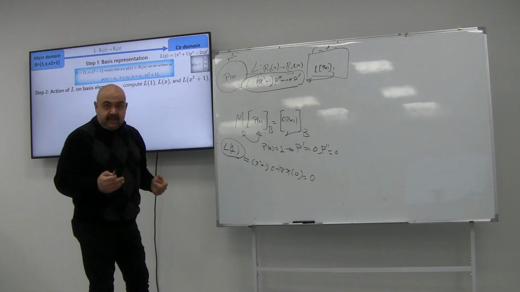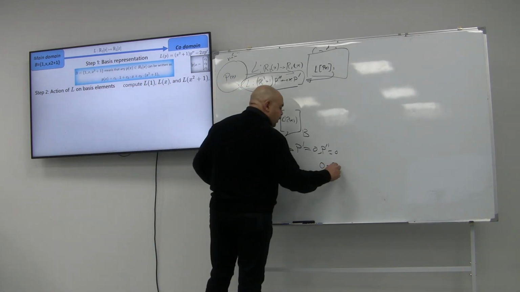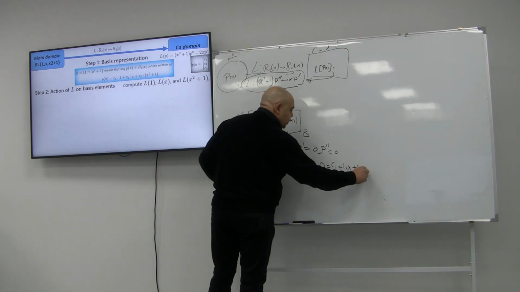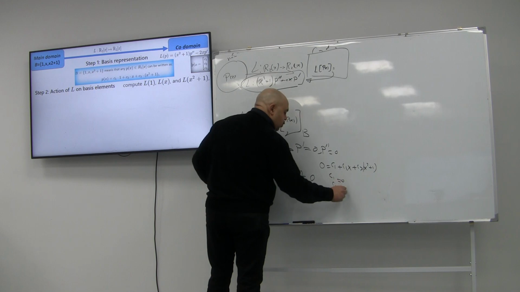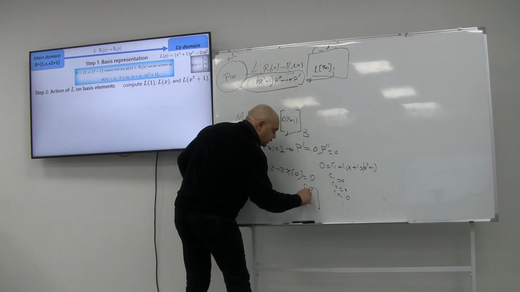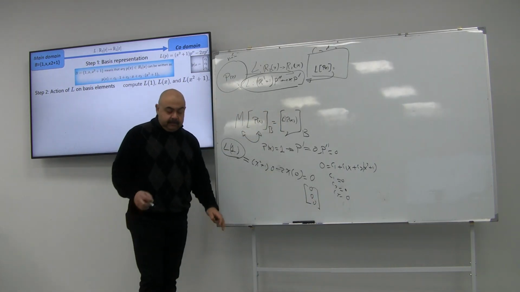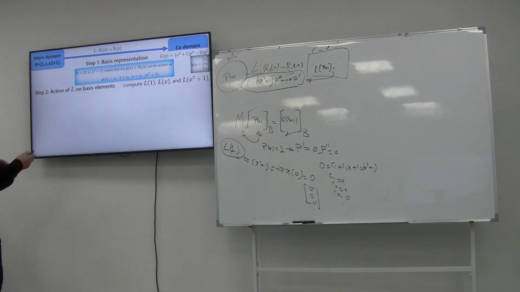So this leads to 0 equal to C1 plus C2 in x plus C3 in x squared plus 1, which means that C1, C2, and C3, all of them are equal to zero. So the first coordinate set, which is relative to 1, is going to be the triple 0. This is exactly what we are going to see now.